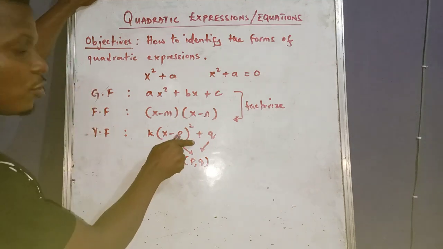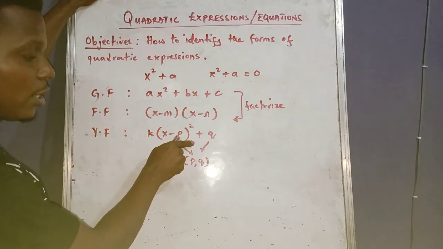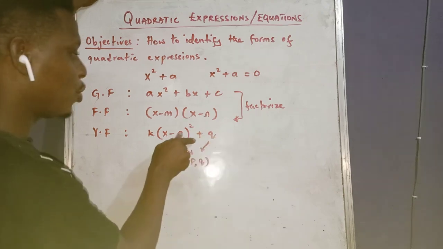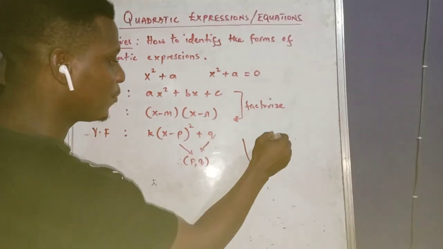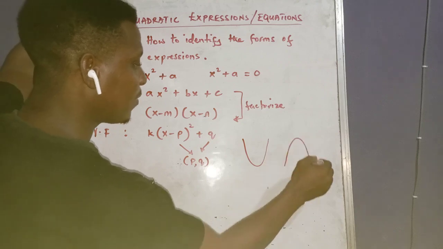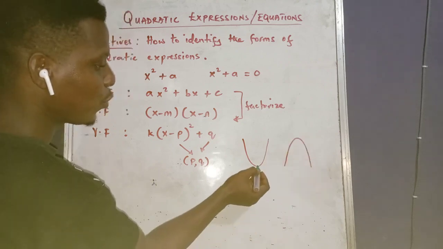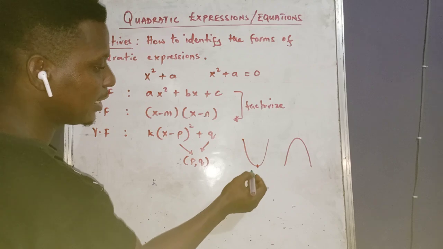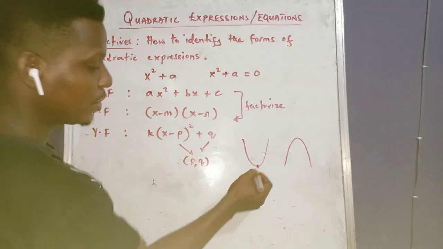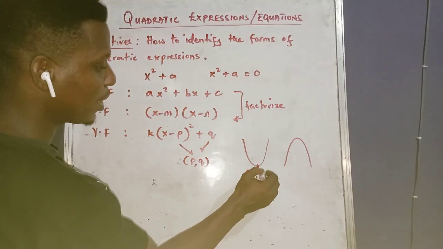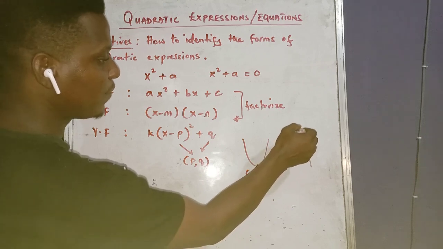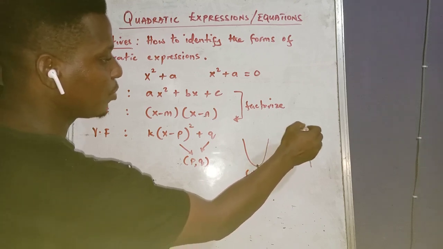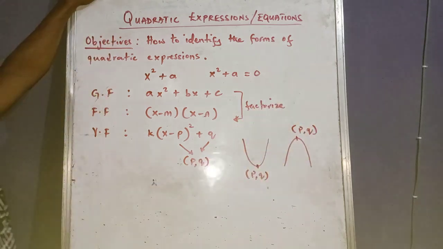If you are able to express a quadratic expression like this, then if you have the graph, either like this or like this, we can easily tell that the coordinate of this point, which is the vertex, is going to be p comma q. That's one of the important things about this form.